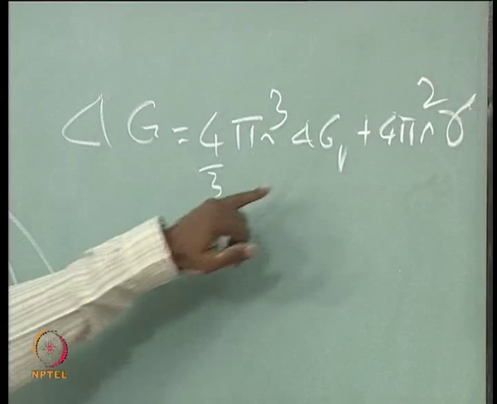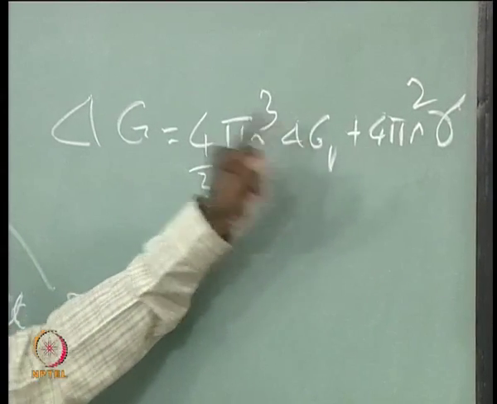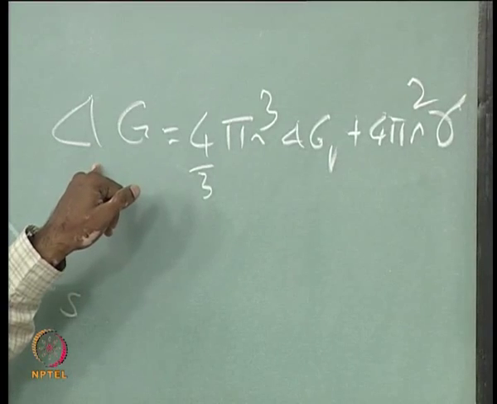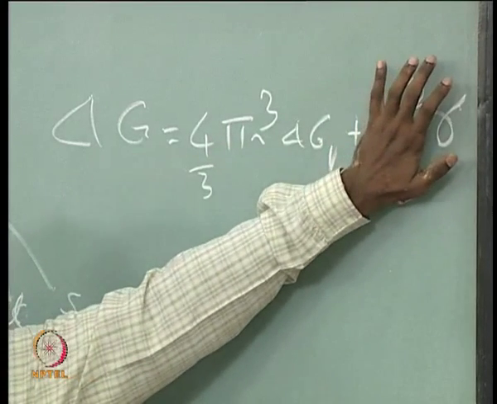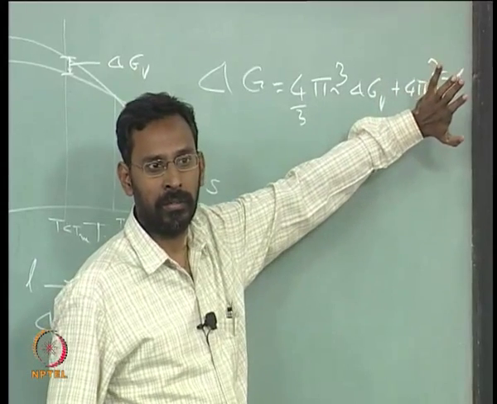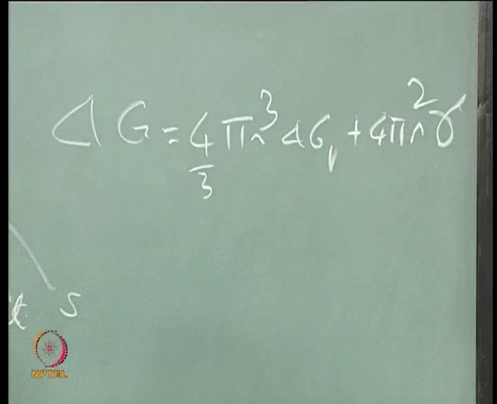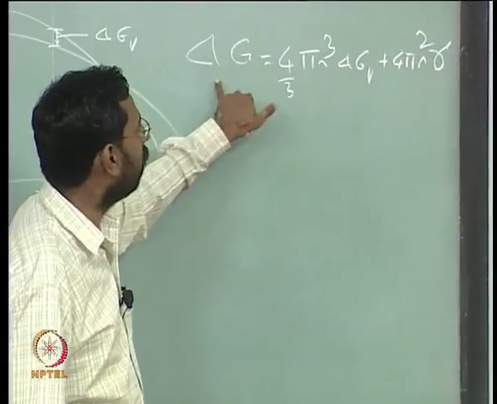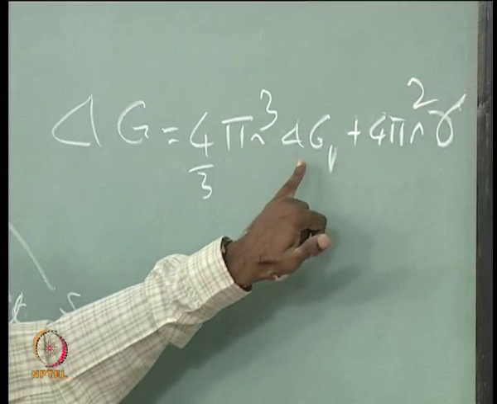delta G is actually this. So, the driving force for the nucleation for the solid to form, if you assume that there is no surface energy at all, that means there is a perfect nucleating site available and the surface energy is very small. So, even if you assume that, then this is equal to this, and at Tm this is 0.